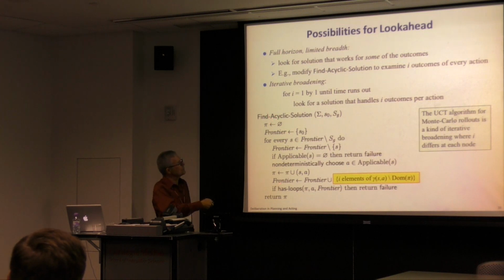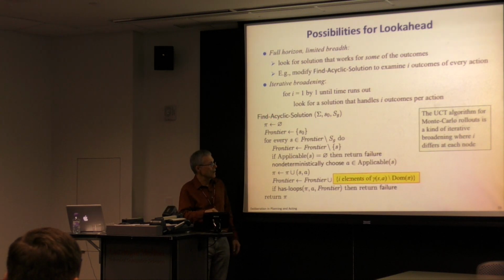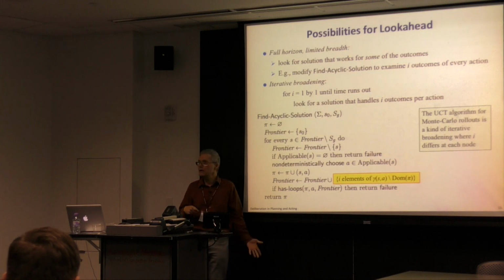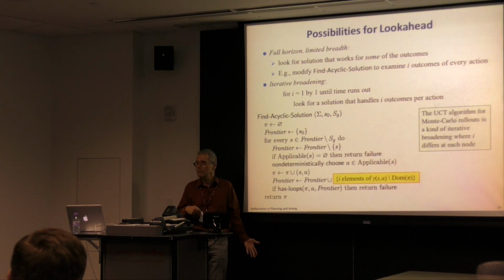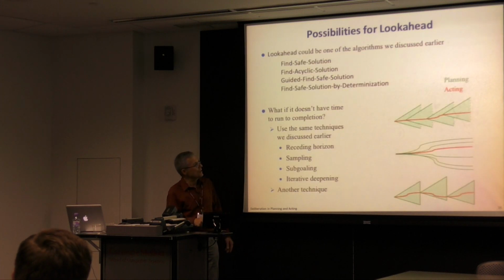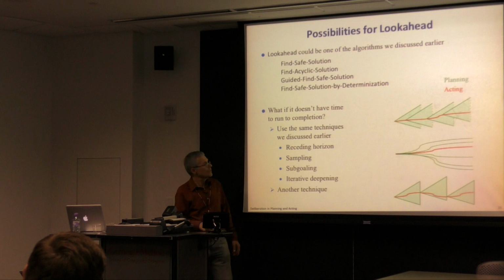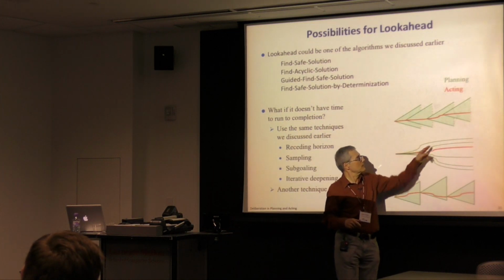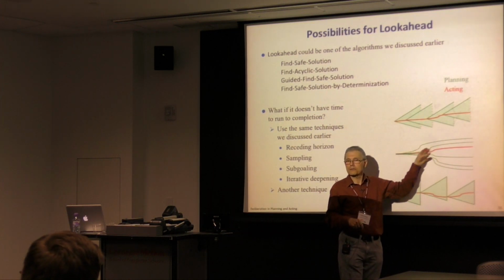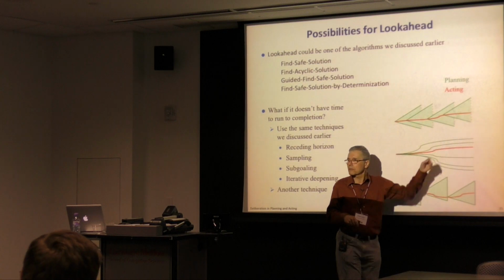So here we have the find acyclic solution algorithm, and instead of taking all of the things that the action produces, we're only going to take I of them, and we're going to add them to the frontier. What that basically does is something sort of along that line, except a little bit more bushy, because at each state that it is going to go to, it'll take a random sample of possible outcomes.